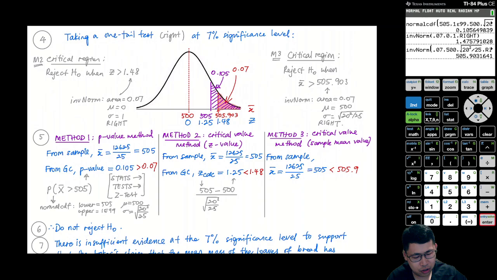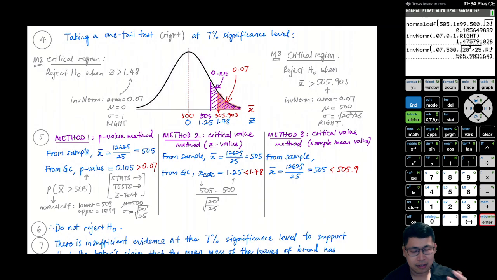The critical region for the raw sample mean value is 505.903, which can be gotten from inverse normal. Okay, so I will stand by 505, stand by 1.48, or stand by this 7%. So I will get ready and set up these values over here first. So this will be step 4.